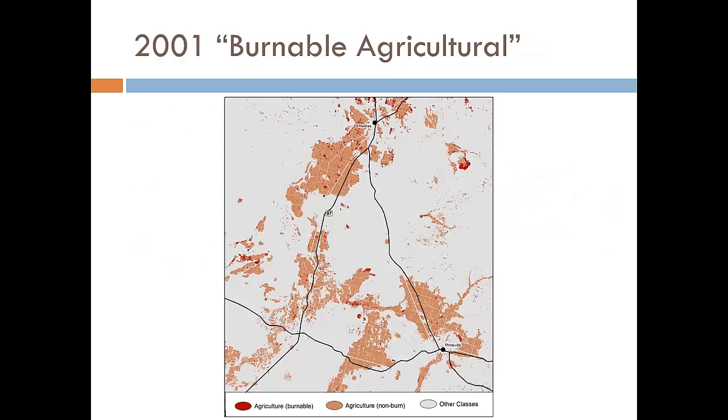This map illustrates the reclassification of some agricultural pixels from a non-burnable to a burnable designation in the fire behavior fuel model layers. The red and brown areas on this map were classified as agriculture in the existing vegetation map. The red areas were given a fuel model assignment. These areas include agricultural classes such as idle cropland, pasture hay, and orchard.